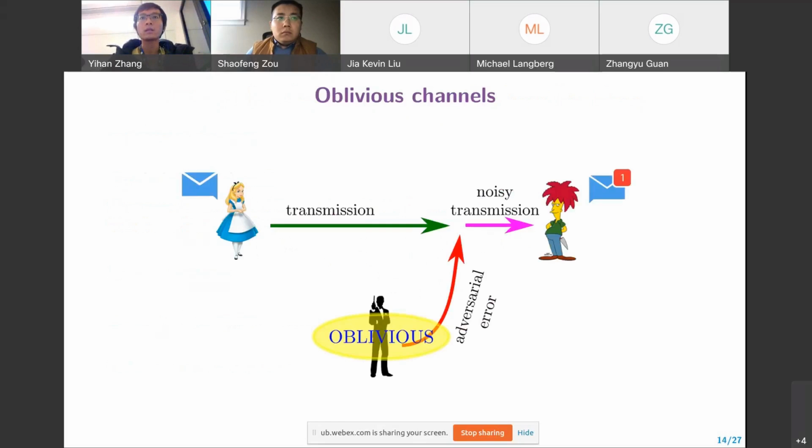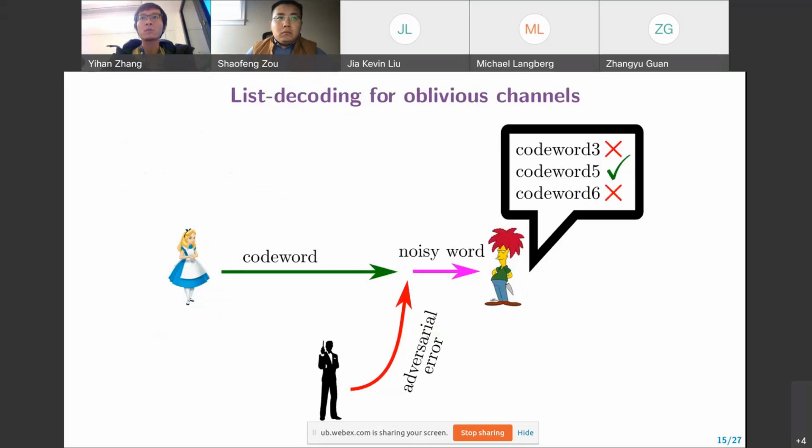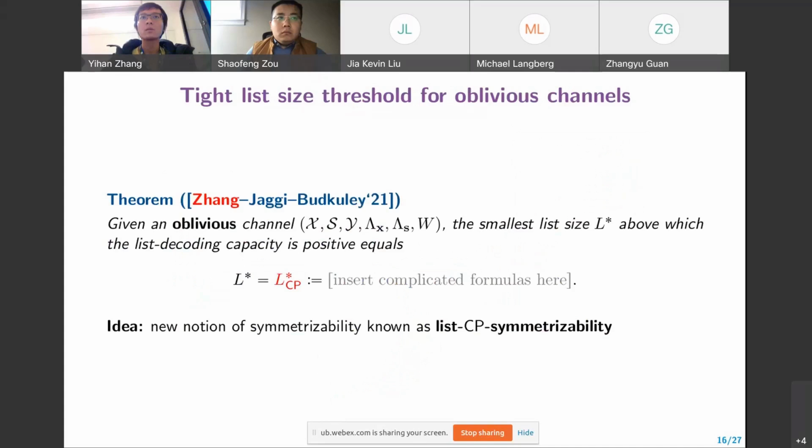And again, let's look at the list decoding version of this problem. Surprisingly, the previous result on omniscient channels is actually useful here for some technical reasons. But basically, the main result here is that we can exactly characterize the critical list size.